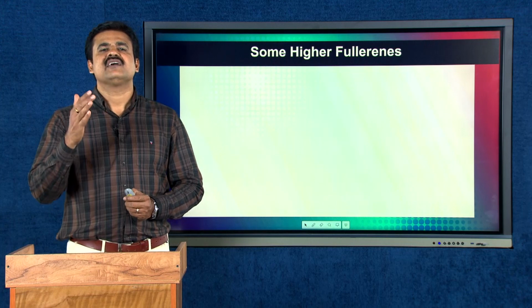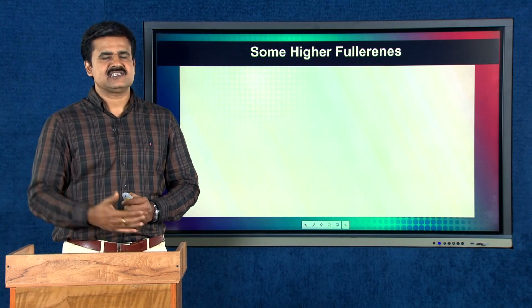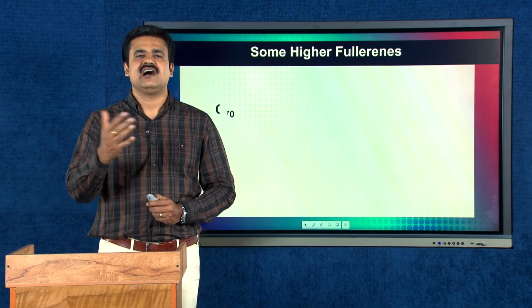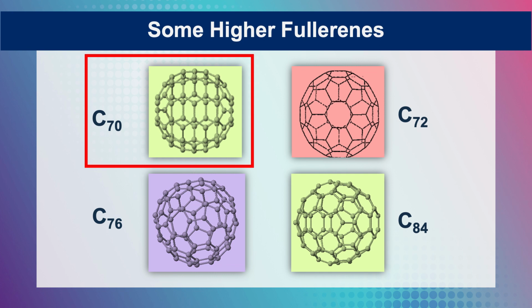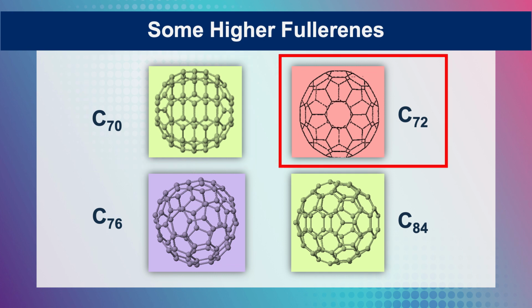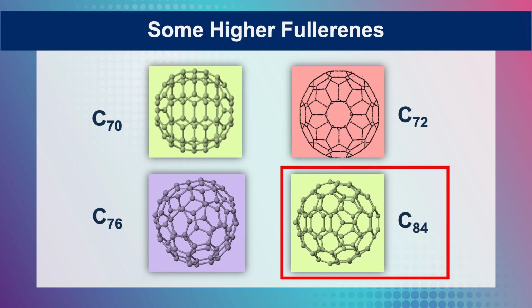Now we are looking at higher fullerenes. Some common higher fullerenes are here. C70, comprised of 70 carbon atoms. C72, there are a total of 72 carbons. C76 and C84 belong to the category of higher fullerenes.